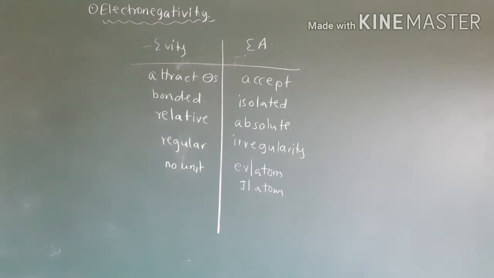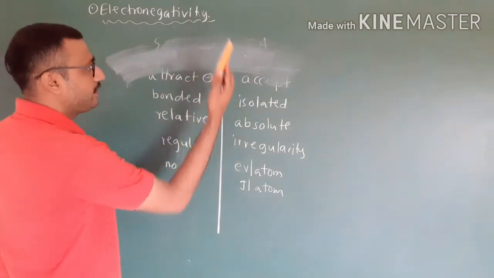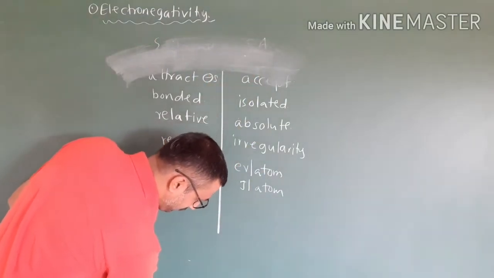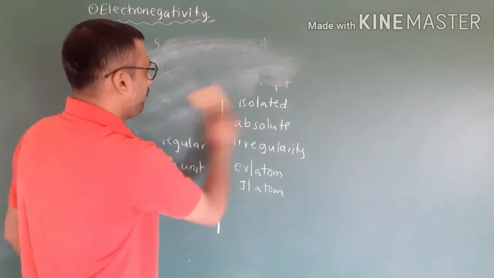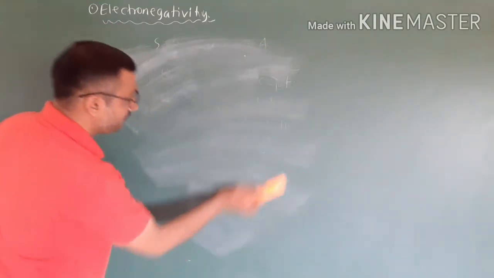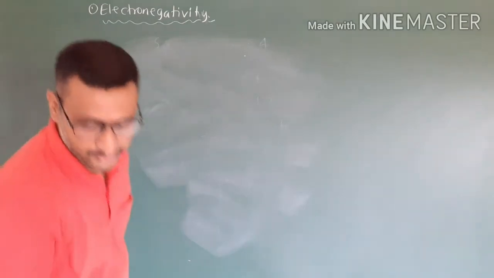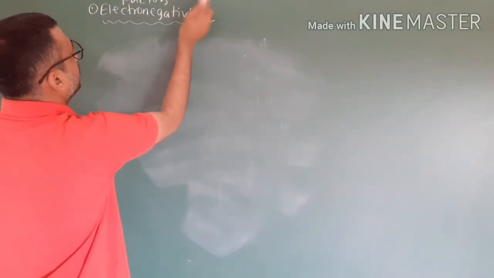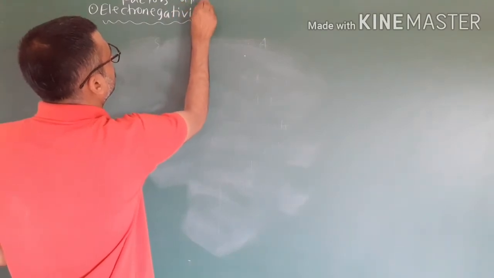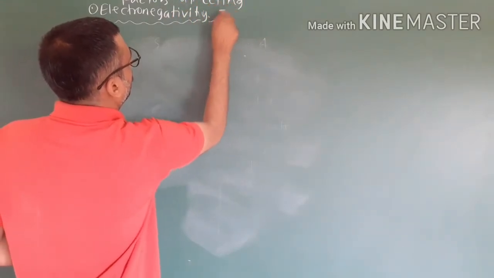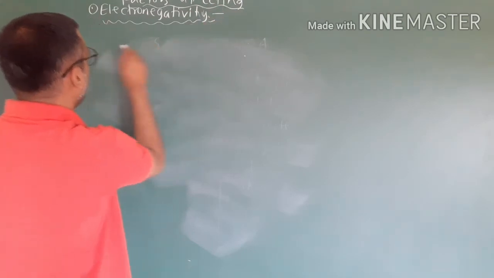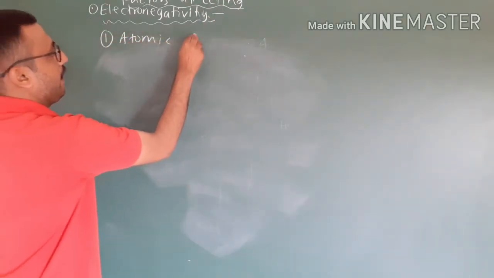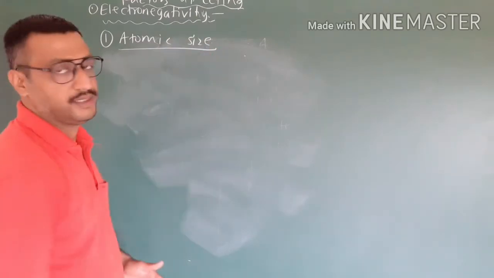After electronegativity, the next topic is the factors affecting electronegativity. The first factor which affects electronegativity is atomic size.